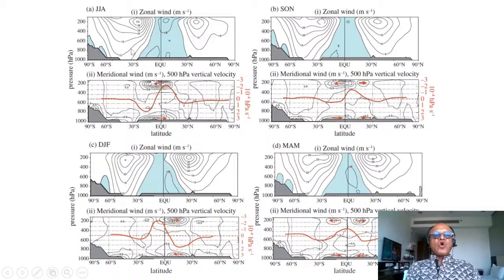But when we go off, especially beyond the Hadley cell, we had talked about how there is a strong vertical shear with these jet streams, which are stronger in the winter hemisphere. And you can see again here, this is SON, so winter hemisphere, winter hemisphere.